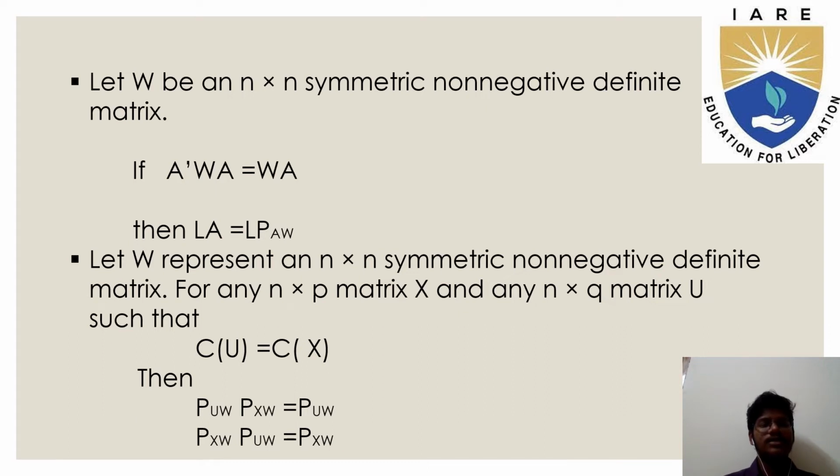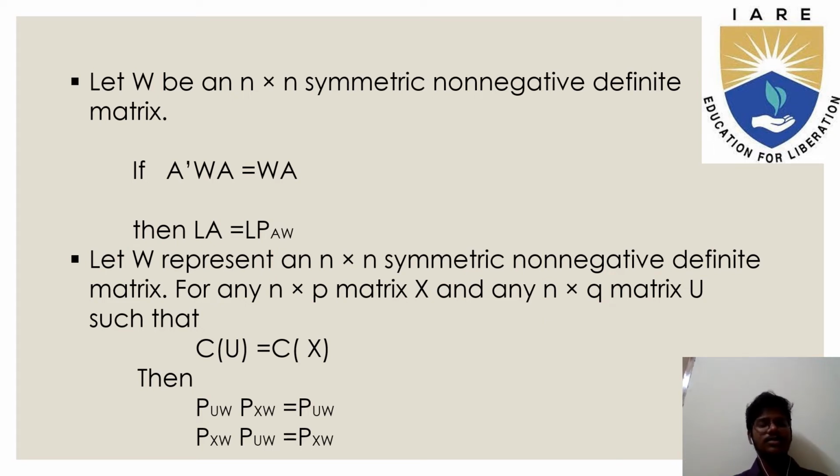And the next one is: let W be an n cross n symmetric non-negative definite matrix. If A transpose WA equal to WA, then this LA equal to LPAW condition is satisfied.